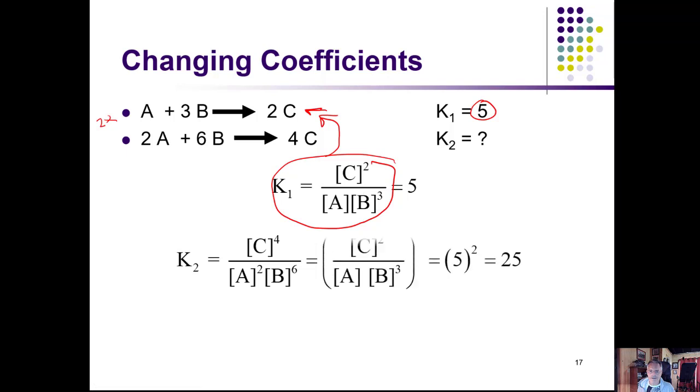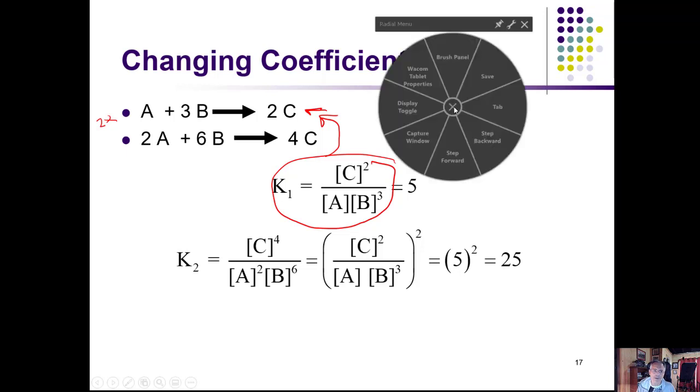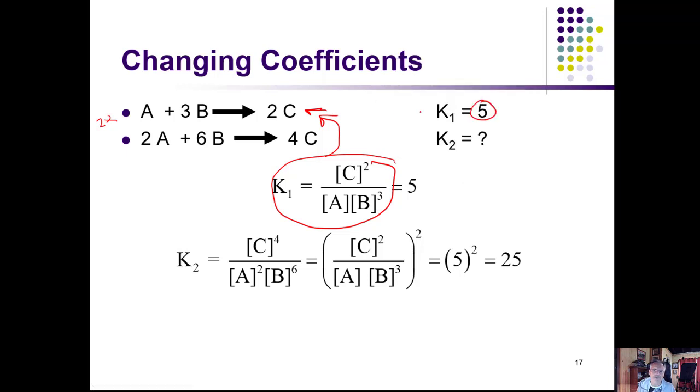Is there a simple way to do that? The answer is absolutely. If I have a multiplier, and that multiplier is 2 here, all I need to do is square each of the exponents in the original equilibrium constant expression, and that's going to give me my new equilibrium constant.